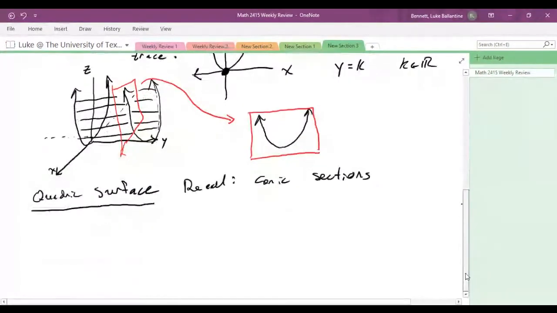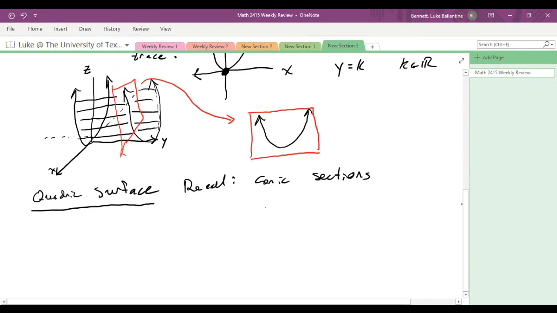It might have been a while, but all of the traces of all these, the next 6 equations I'm going to show you, all the traces can be reverted to a conic section.